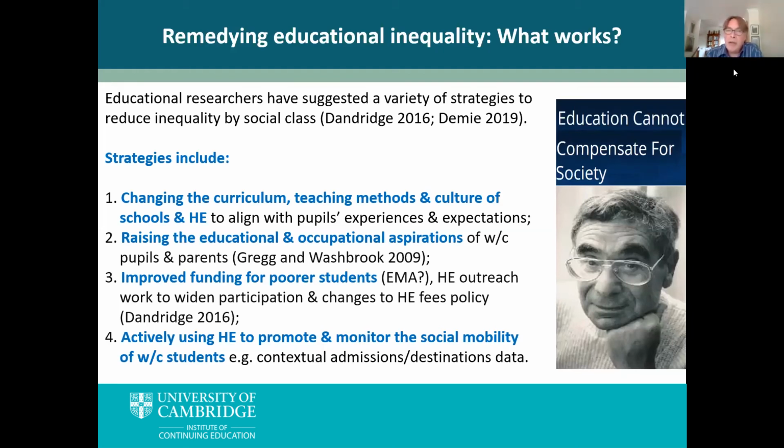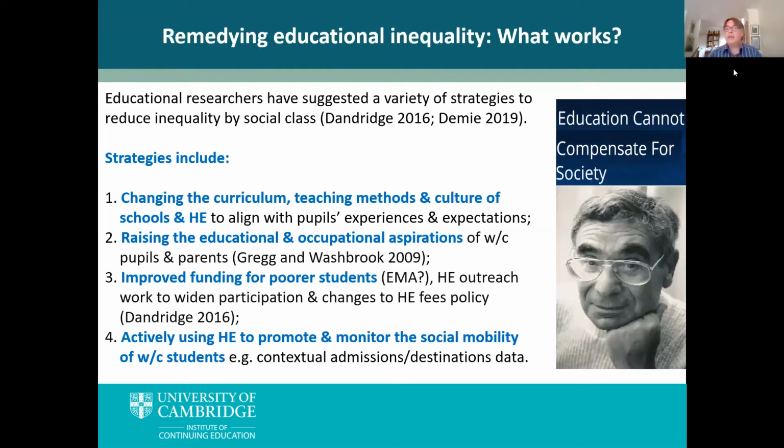I'll say a little bit in a moment about the relative effects of these different types of strategies, what works. But I think probably the most important message from my own reading in this field over the years and my own research is it's probably a mistake to treat these things in isolation, to think just raising aspirations will improve working class achievement if you are not changing wider socioeconomic conditions, or just changing teaching methods in isolation from funding.